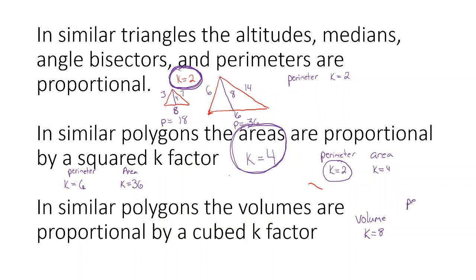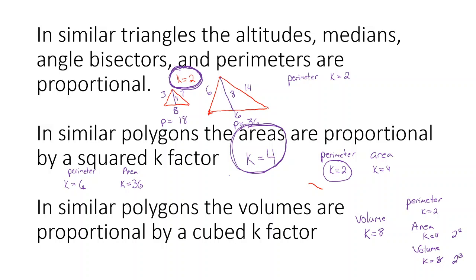For perimeter and sides and medians and all that stuff, K equals 2. For area, K would equal 4, because that's 2 squared. And for volume, K would equal 8, because that's 2 cubed.